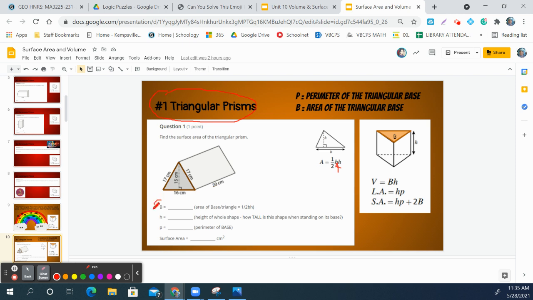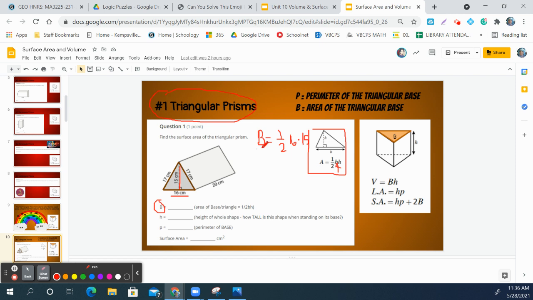So to find the area of the base, you need to use the triangle formula. Okay, so all I'm looking at is this little triangle over here. The base is 16 and the height is 15. So to find the area of the base, which is the big B, you're going to do 1/2 the base, which is 16, times the height, which is 15.